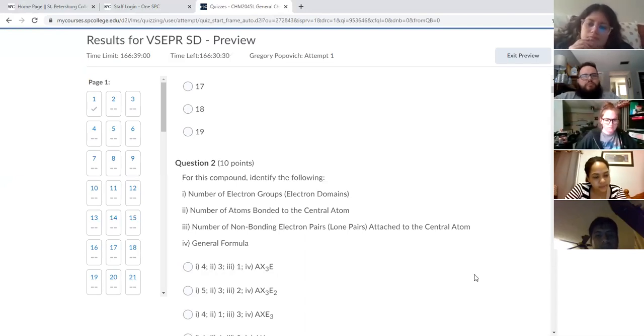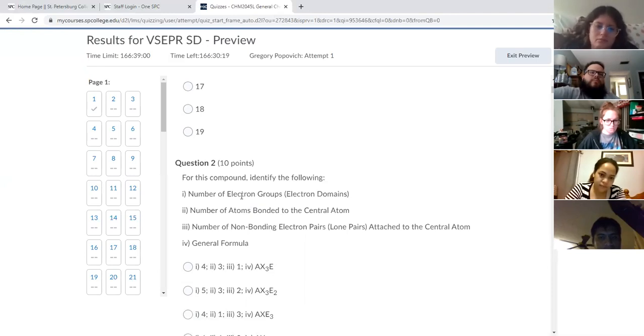Yes. Do we understand the second question? First point, how many electron clouds are around the center atom? And what Dr. Musgrave does is he will tell you specifically which atom he wants you to answer the questions for. Second question, the number of atoms bonded to that center atom.